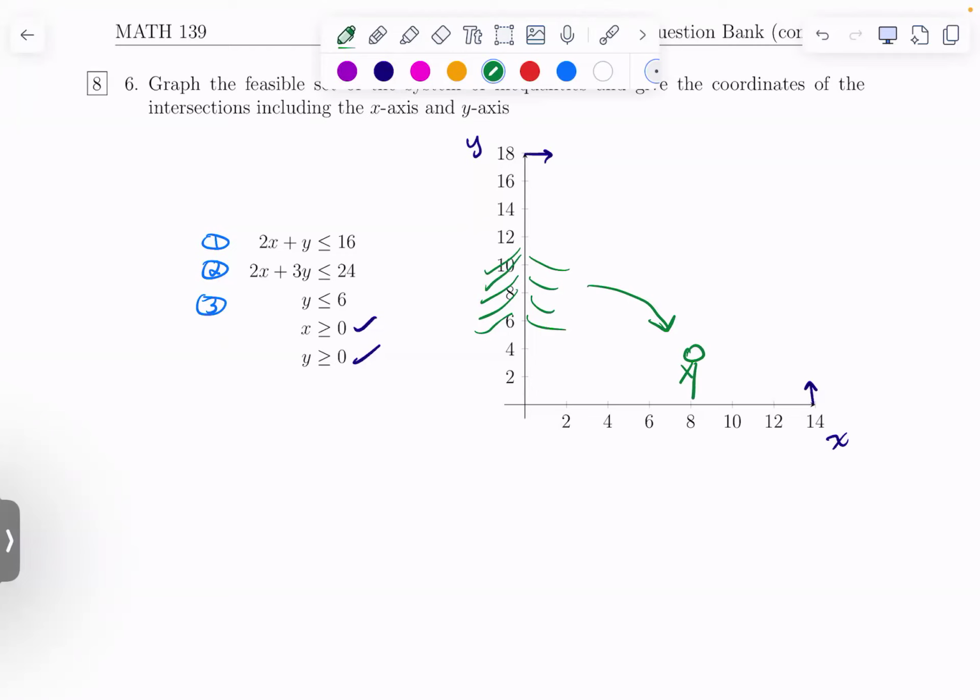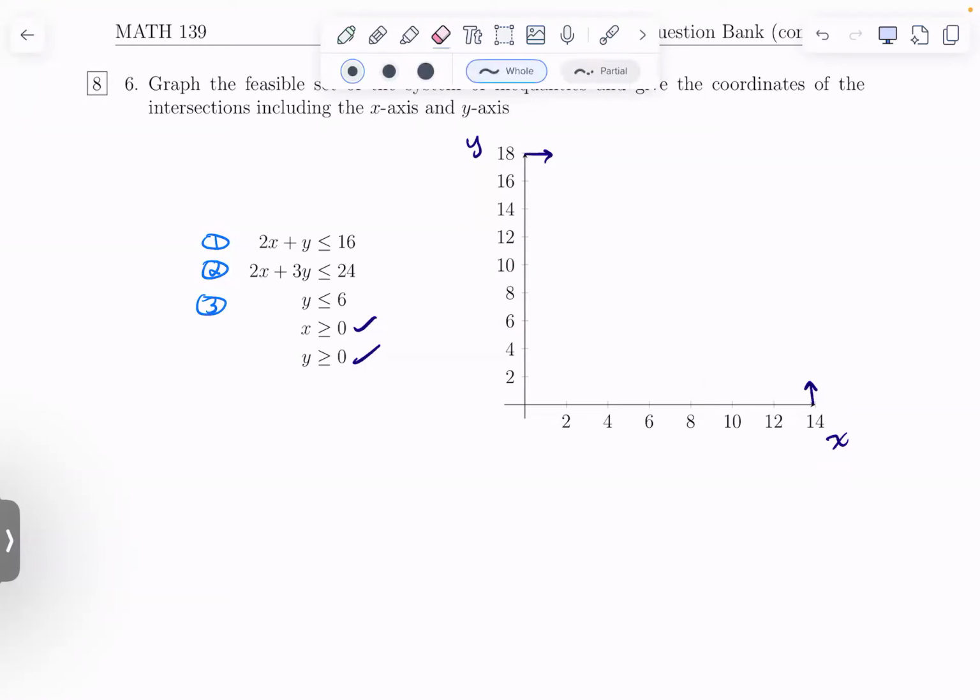Whatever you gotta do, I guess. But we can't have those on our feasible set. That's how she remembered that this was the x-axis.